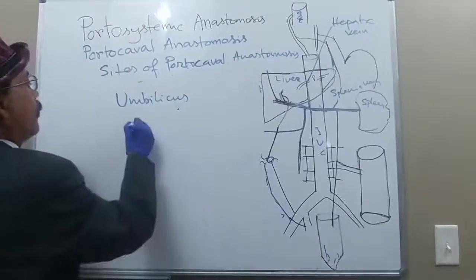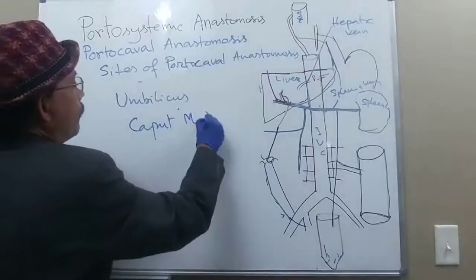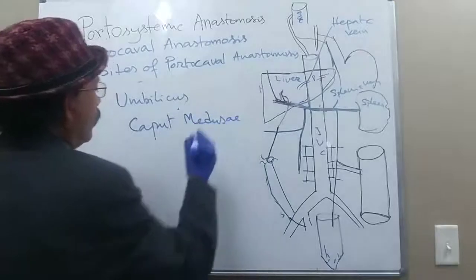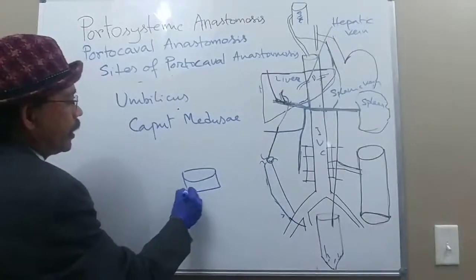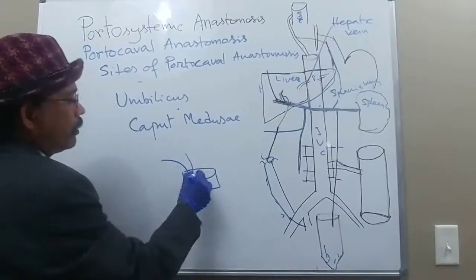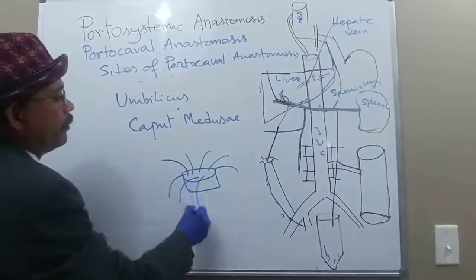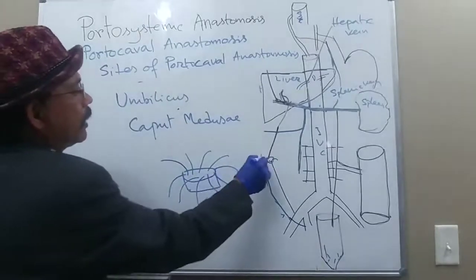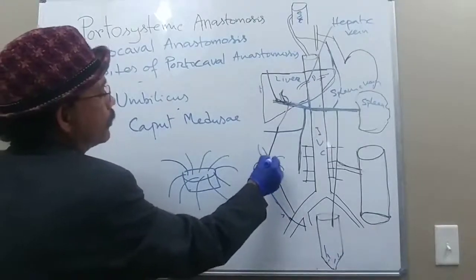Now we have a very interesting point here. It is also called Caput medusae. According to Greek mythology, from the head of some god, serpentine appearance or snakes are coming out. That is called Caput medusae.